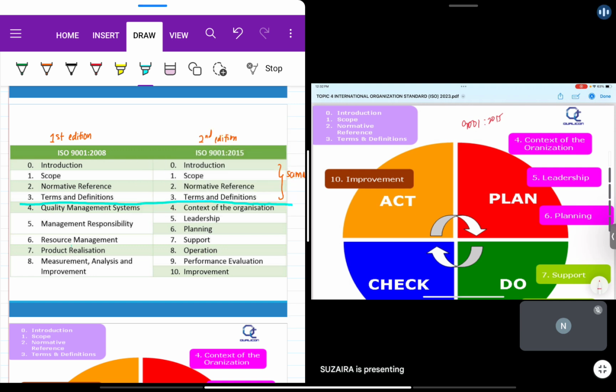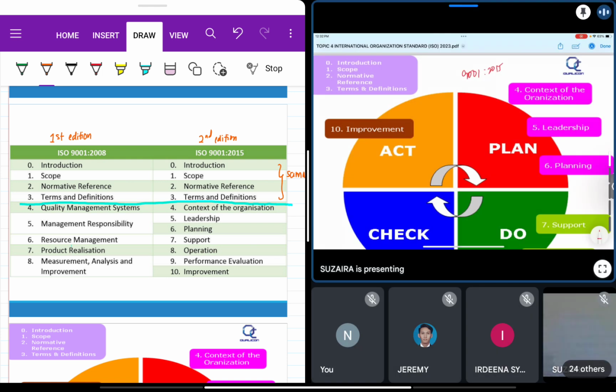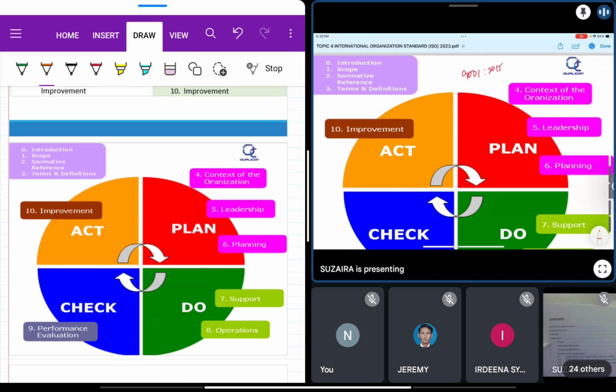In front of the content, there are a lot of things. If you look through, this is actually the content. You can see there's an introduction here, and then you have a scope, and then you have a normative reference, and then terms and definitions.